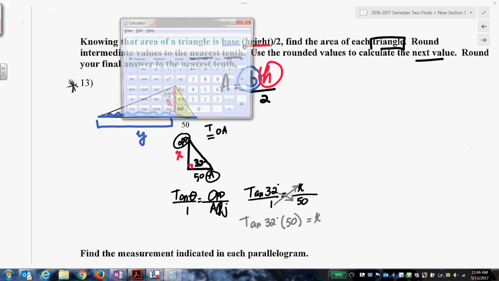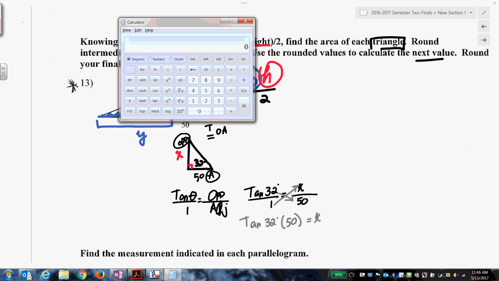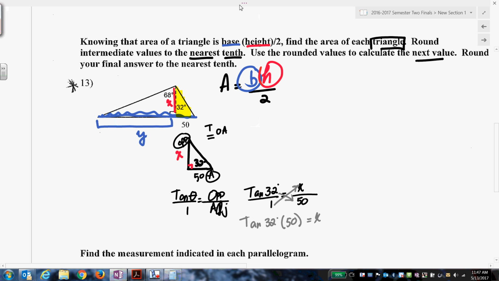Go ahead and get out your own calculator, find tan of 32, then check to see if you match mine. We're going to round to the tenths place, which in this case is 31.2. So our x is 31.2. Check for units. We don't have units, so we're just going to write units.